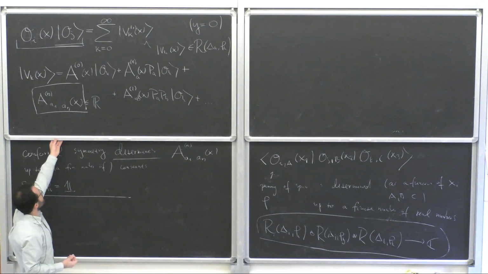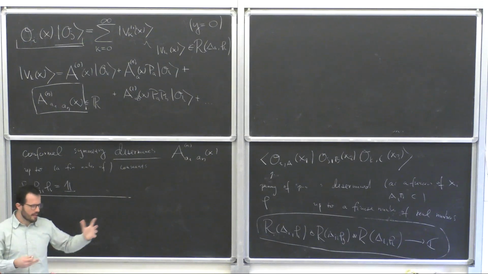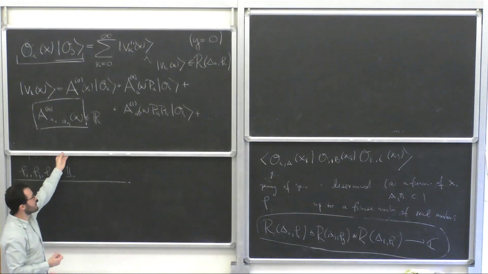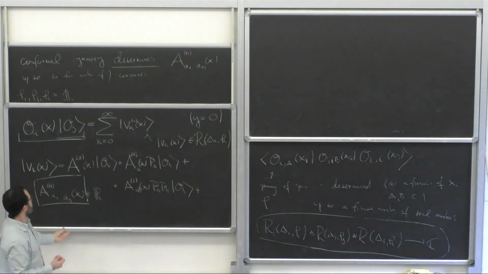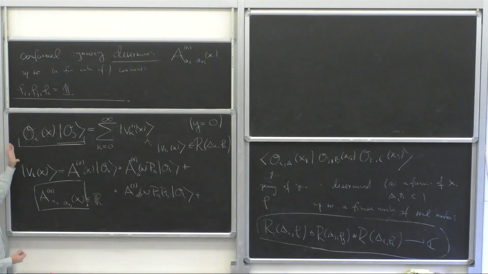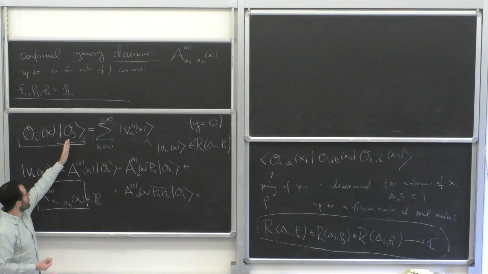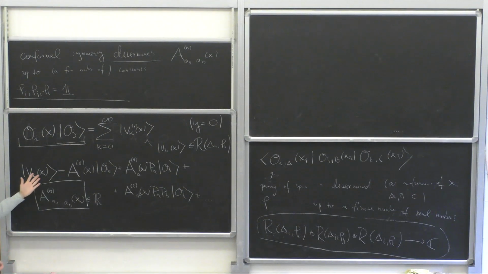The idea is to take the conformal generators P, D, K, and M and act with them on both sides of the equation. So on one hand, we can act on the left-hand side. In that case, we know first of all how the generators act on O, because we know the representation of O, and we also know how the generators act on O_i of x, because we wrote down some differential operators which represent how the charges act on these local operators.